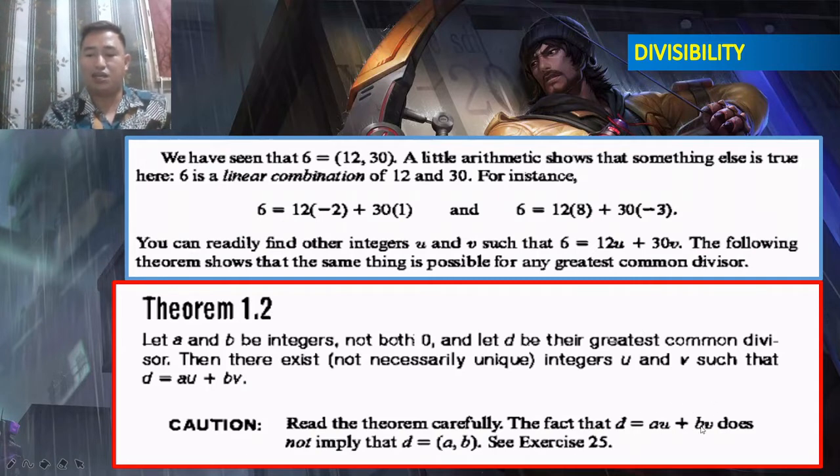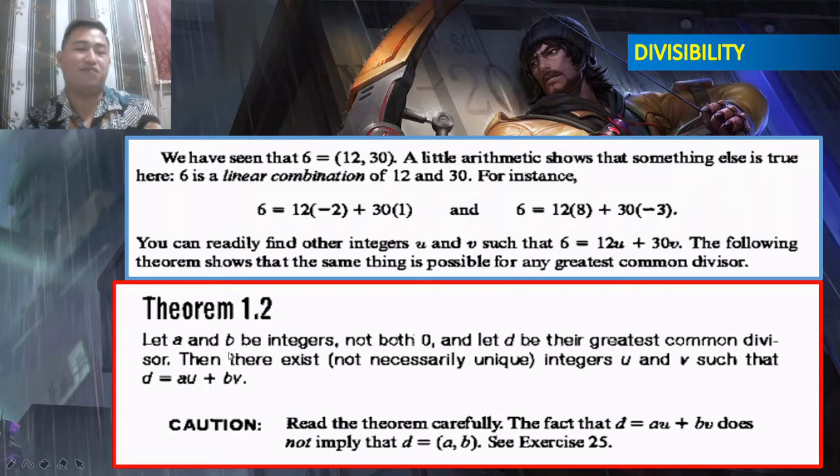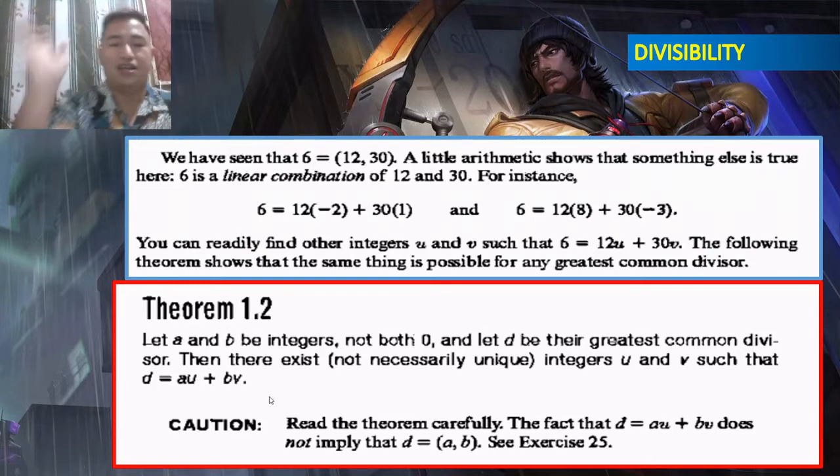So, current class, kung kani siya ang natong i-assume, D is equal to AU plus BV, it does not imply, so di siya mo meaning nga, si D ang atong GCD ni A ug B. Okay, so marbag ko ang class ba kanang munang wala ni siya gi if and only if diri nga statement kay kanang dili siya pwede ang pabalik from D is equal to AU plus BV. Makita tingani dili meaning anak class nga ang atong D kay ang GCD. Pero kung ang D na to daan kay GCD, ma-express na to ang GCD nga D is equal to AU plus BV. Okay?